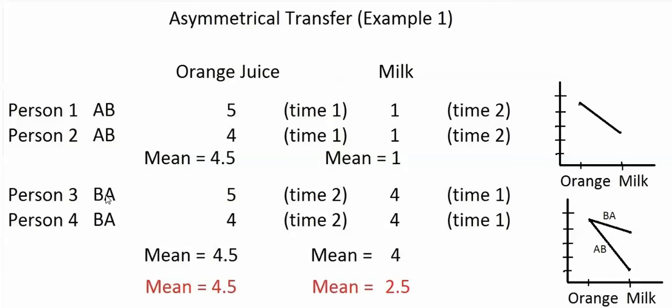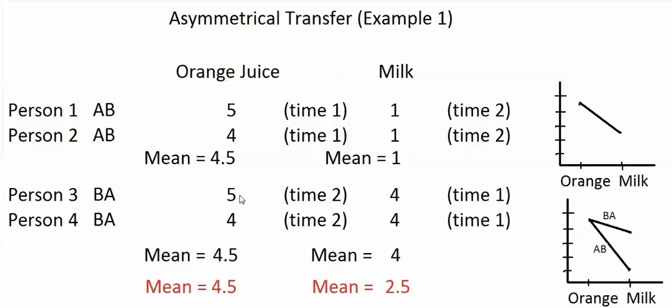The two participants who were assigned to the B-A order had milk first, so they gave high ratings to the milk. They gave high ratings to the milk because they were drinking the milk first, and the milk tasted fine because they hadn't had any orange juice before drinking the milk.